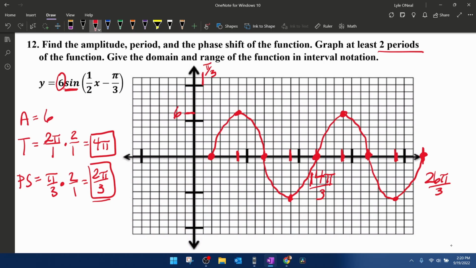Here, this is up at 6. This is -6. The domain, again, is all real numbers because every sine and cosine wave has an unrestricted domain. But the range is from bottom to top, from -6 to 6 in this problem.